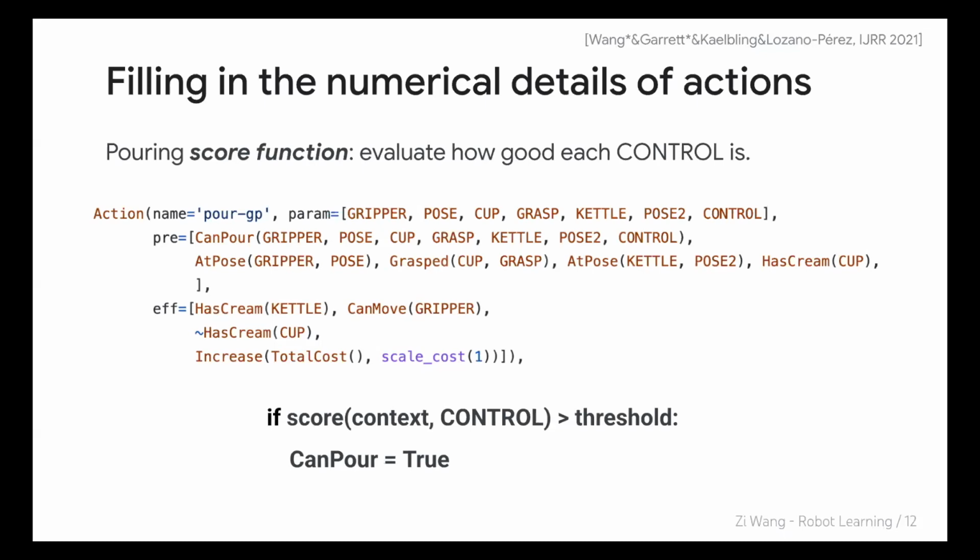So we are going to do this with the score function, and it will help us evaluate how good each control is. I'm abstracting out a lot of parameters as the context. So given some context and the control parameter, we want our score function to be larger than a threshold to set can_pour to true, and otherwise it will be false.